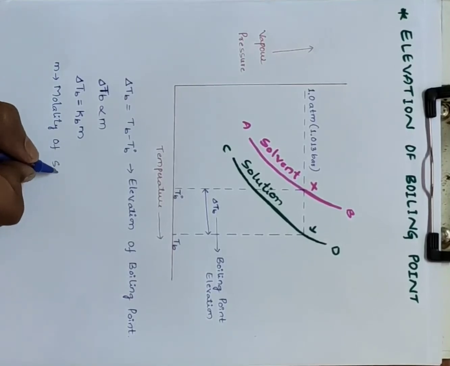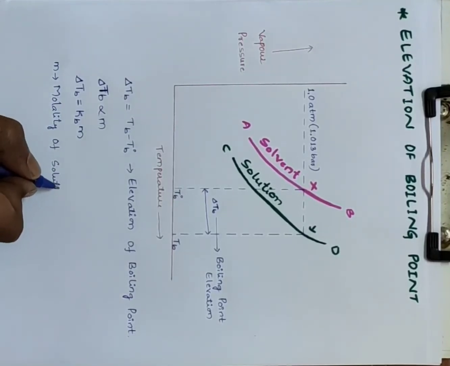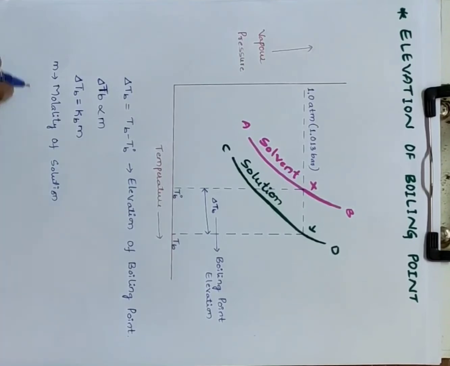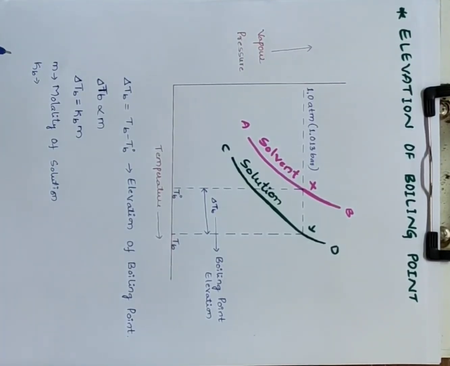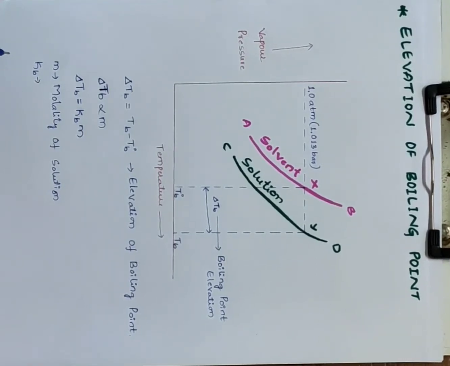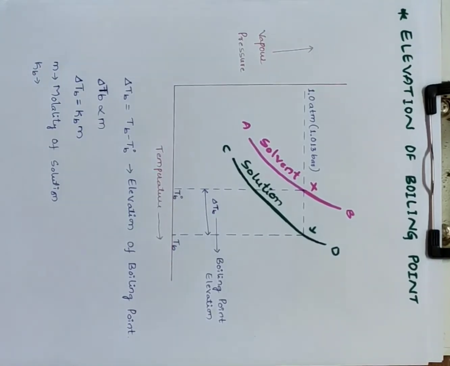And KB is known as the boiling point elevation constant or molar elevation constant, or it is even called the ebullioscopic constant.